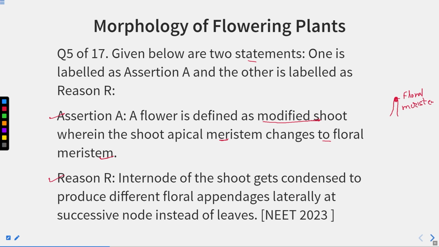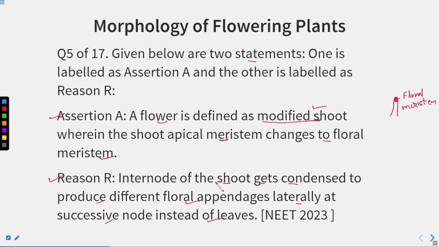You have to remember, flower is a modified shoot. Now the reason: the internode of the shoot gets condensed to produce different floral appendages laterally at the successive node instead of leaf. So this is also true.